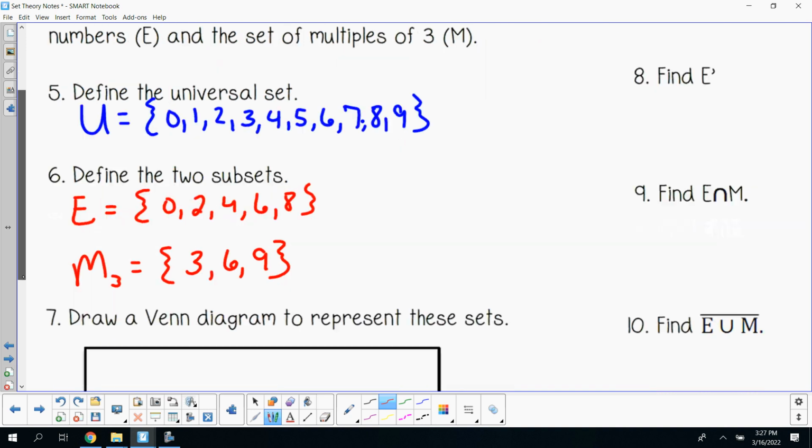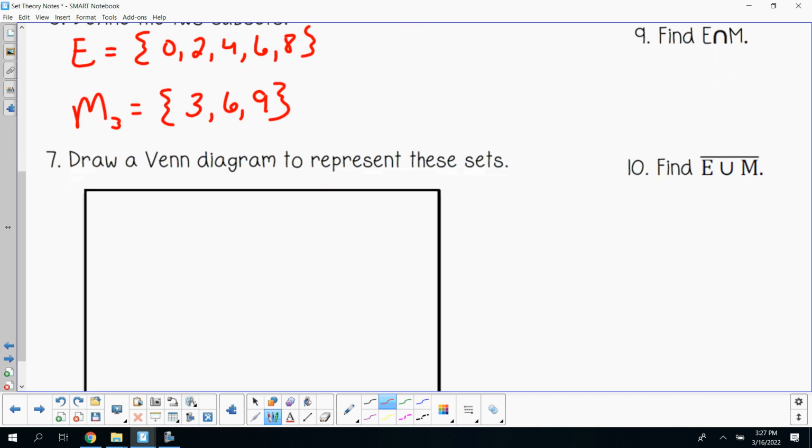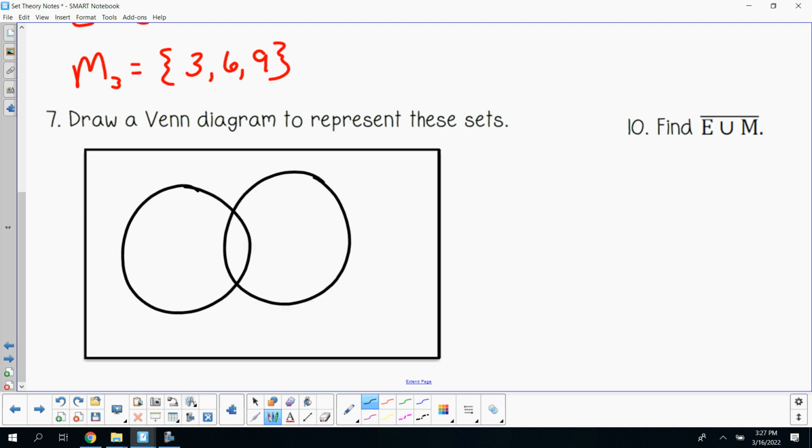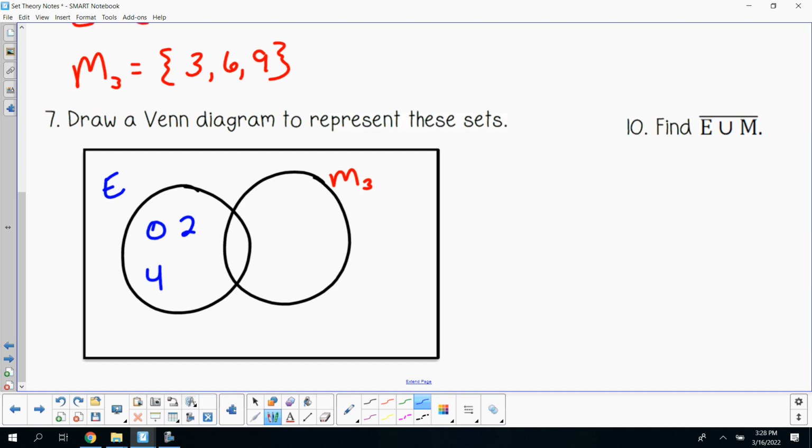Okay, so number 7 wants us to draw a Venn diagram to represent these sets. So we're going to have two circles in our Venn diagram here. We're going to have all of our evens in one, and then our multiples of 3 in the other. So all of our even numbers include 0, 2, 4, and 8, and they share 6.